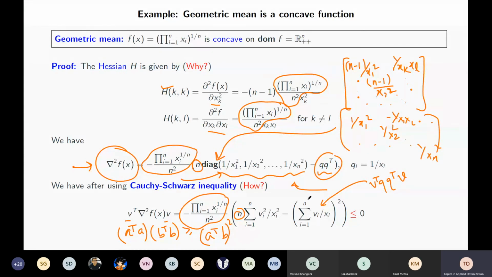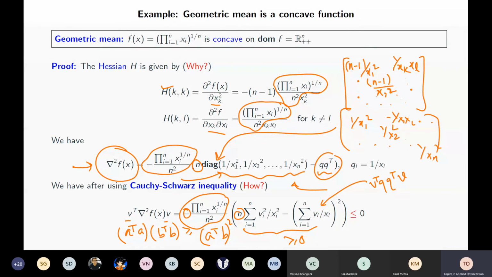Remember that in this case we have to prove that this is positive. There is a negative outside, so it is enough to prove that this is greater than or equal to 0, and the negative will make sure the whole thing is less than or equal to 0. So what we have to prove is that this is greater than or equal to 0.